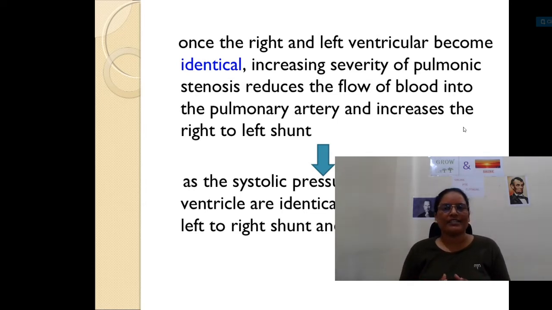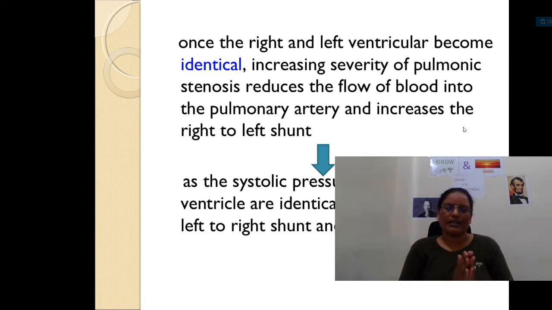Then increased severity of pulmonic stenosis reduces the blood flow into the pulmonary artery and increases the right to left shunting. What happened? When the pressure in the right ventricle becomes high, at that time the aorta is also situated above the ventricular septal defect.